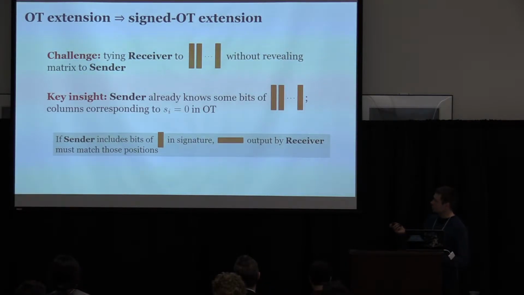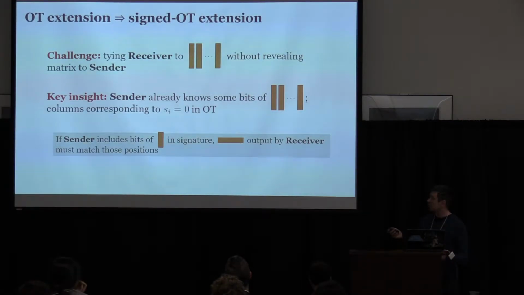So what we can do is say that the orange row vector included by Bob in the signature must match the columns according to Alice's view. And if it doesn't match, that means Bob is cheating.